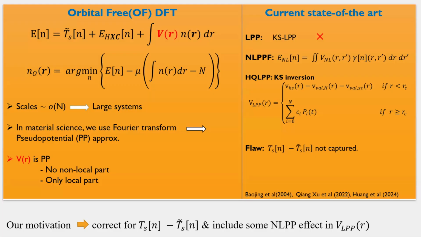where the energy functional is given as this, with an approximate kinetic energy density functional. Because it is purely an energy density functional, we minimize the energy functional relative to density to obtain the ground state density.